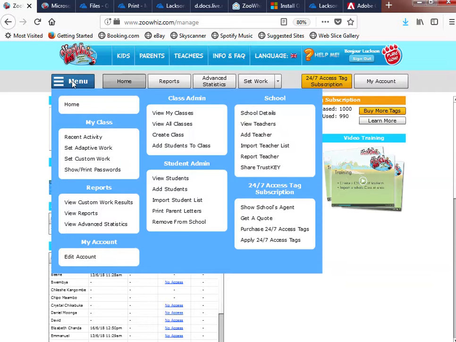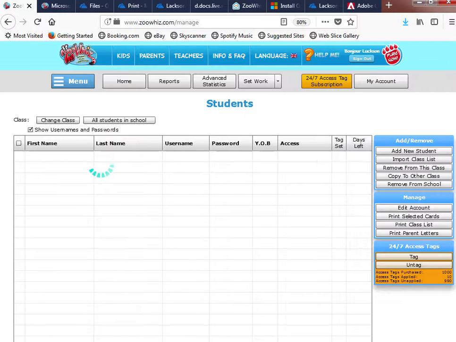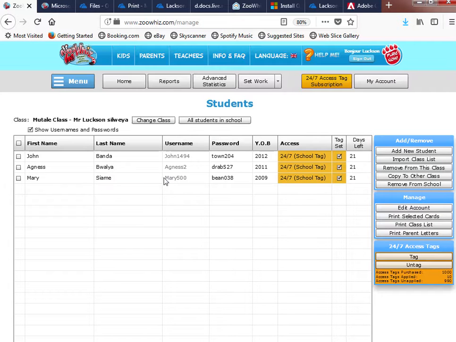So we'll go back to our class, and remember we created that class which we called Mutale class, and I did indicate there that you can literally call that class anything. And so together I've just downloaded it. And so we're going to be going into the system as a student so you are able to see what a child sees.